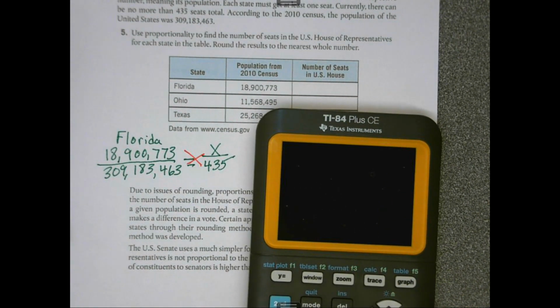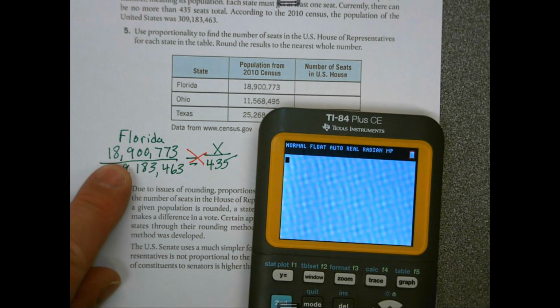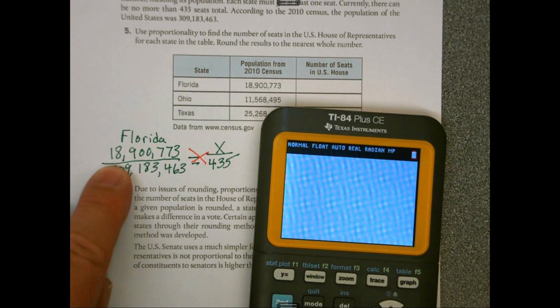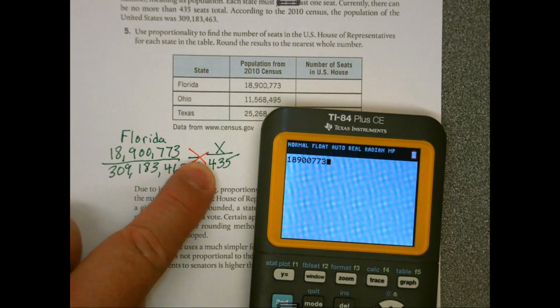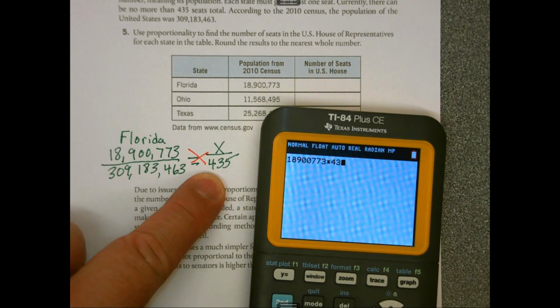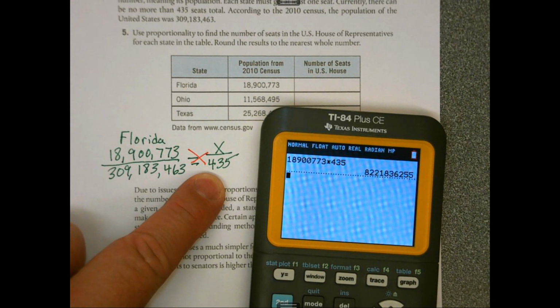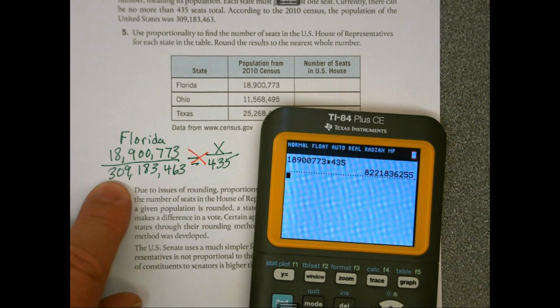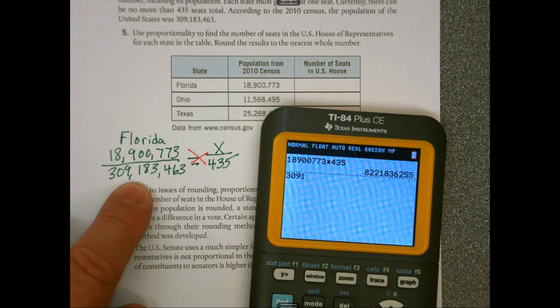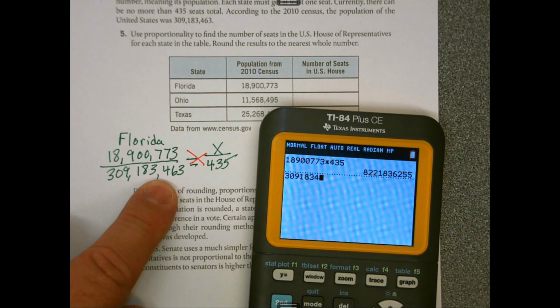See, I'm going to take this and divide it by 309,183. Okay, so they get 26.59 seats. By the way, this isn't actually how they determine the seats in the House.